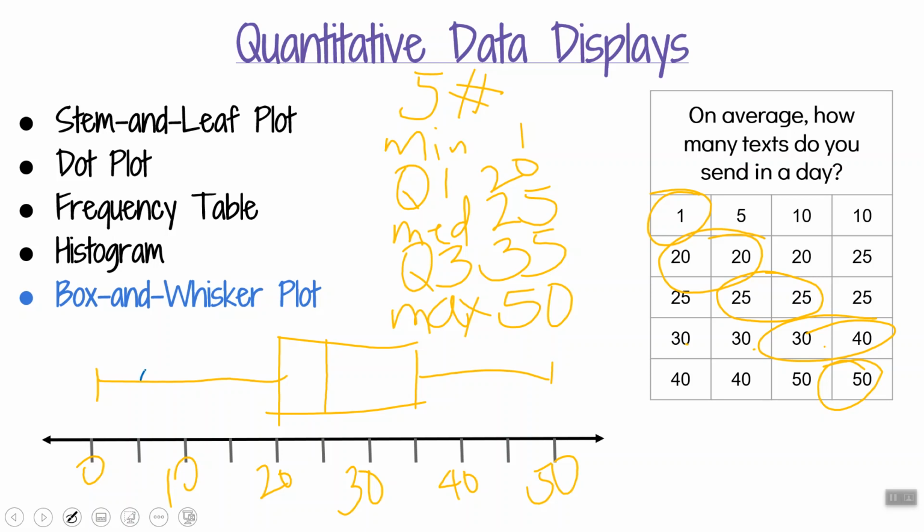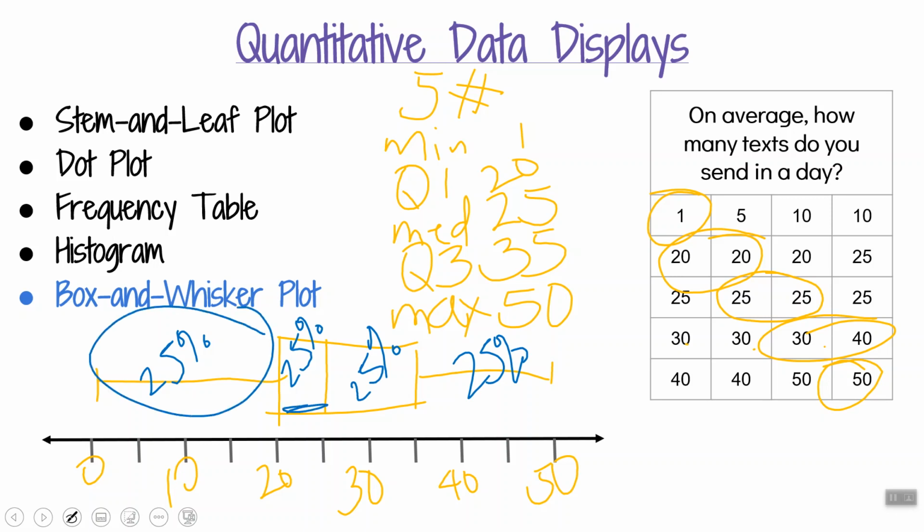You also can quickly see where the data is spread out and not spread out, because a box and whisker plot breaks data into 25%. So you can look through and say, oh, the data is most condensed in this section and most spread out in this section. Because if 25% of data is a small area, it's condensed. And if 25% of the data is in a larger area, it's more spread out.